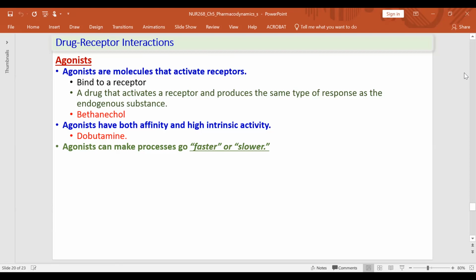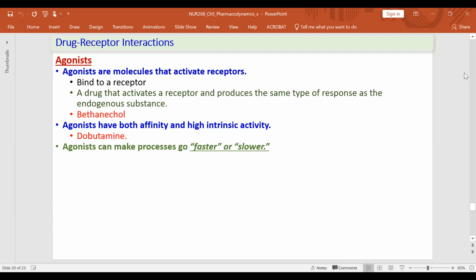The endogenous, intrinsic regulators are considered agonists. The agonists have both affinity and high intrinsic activity, like dobutamine, for example. Dobutamine is a synthetic drug medication, commonly used in the critical care setting.